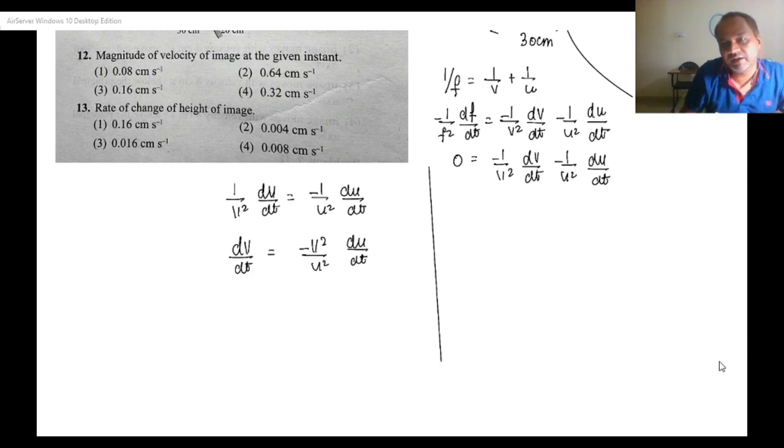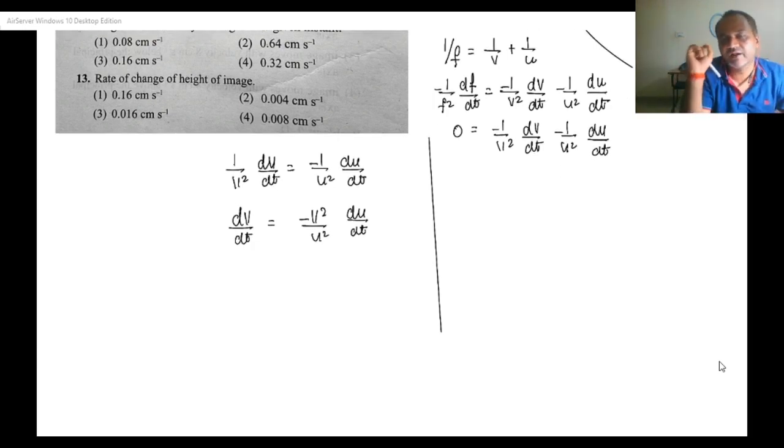So dv by dt is what, right? v is the distance of image from the pole of mirror, and the rate of change of this image distance from the pole of mirror is nothing but the velocity of image with respect to mirror, right? So dv by dt we can write as velocity of image with respect to mirror.